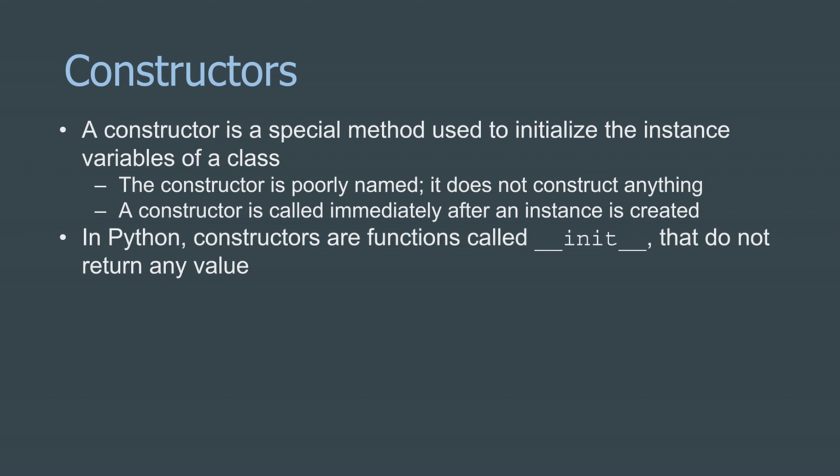The object's kind of created behind the scenes, and then an empty object is handed to the init function, and the init function, I'm just going to call it the init function to keep things simple, is going to initialize all of the instance variables in that newly created instance. Now, the bad thing about this is that Python insists on using these double underscores at the beginning and the end. From now on, I'm going to refer to these as Dunder functions. That's what they're called in Python circles, because it's a double underscore.